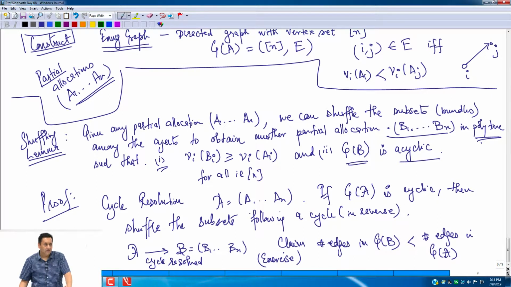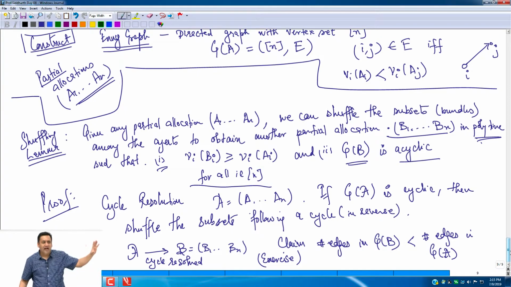You have reached a place where the lemma holds true, and note that the first property is again sort of an induction. It's a property that continues to hold. Every time you do the cycle resolution, no agent's value goes down, right? So stitching these observations, what you have is a proof of this lemma.